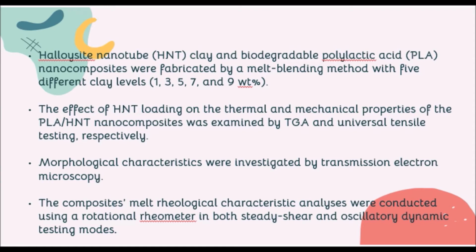The effect of the HNT loading on the thermal and mechanical properties of the PLA HNT nanocomposite was examined by using the TGA and also the universal tensile testing, which is known as the mechanical testing.